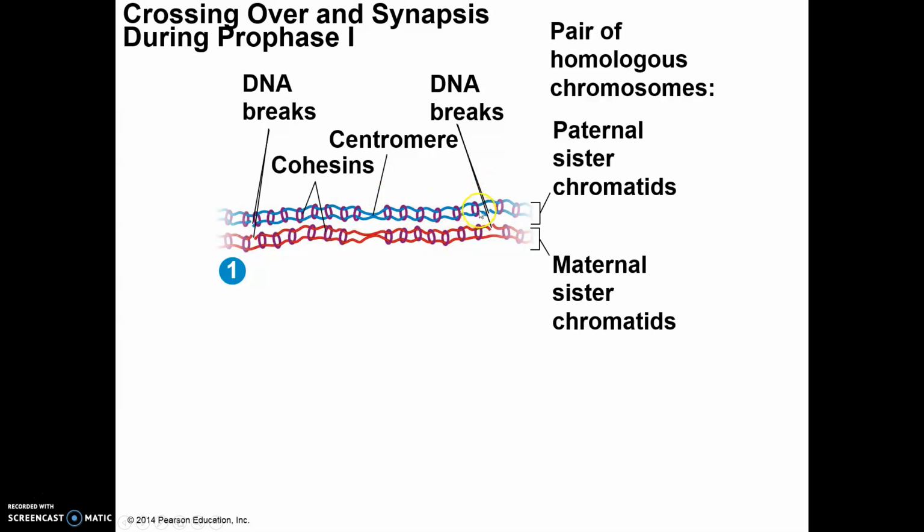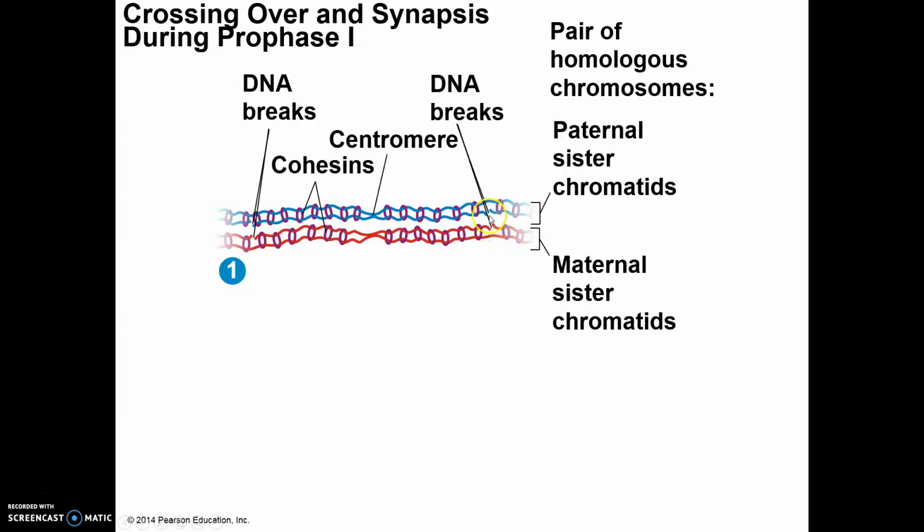We will then intentionally break the DNA at various points along one of the strands of chromosomes. Okay? When we do that, it is not a flush break. So remember that each strand of DNA has a reading strand and a complementary strand. When we break, there will be an overhang.